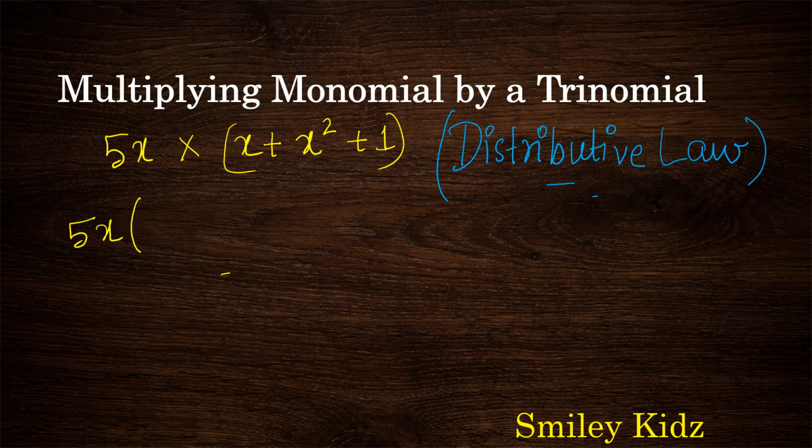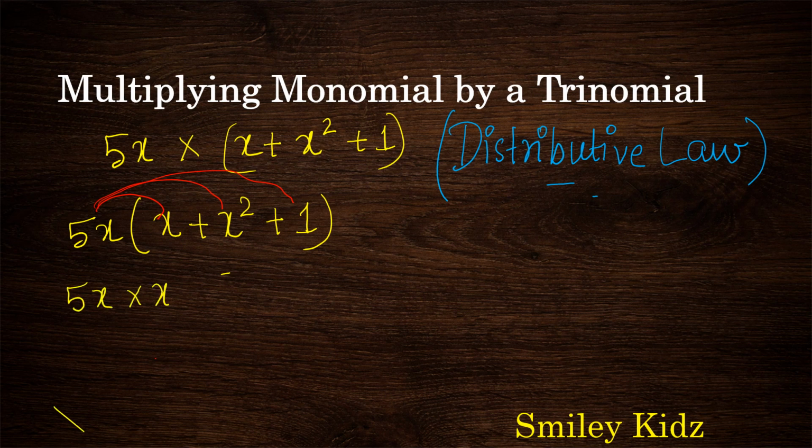5x multiplied by x plus x squared plus 1. Now what does this mean? You're going to multiply 5x with each term in the expression. Let's write it: 5x multiplied by x plus 5x multiplied by x squared plus 5x multiplied by 1.